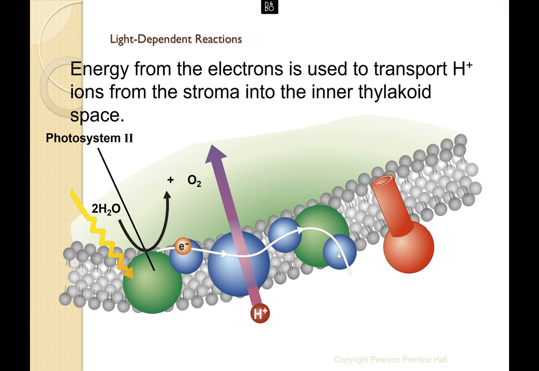Hydrogen builds up and comes across the membrane. Now this is talking about stroma, right? If you think about the chloroplast, the liquid inside the chloroplast is called the stroma. So these hydrogen ions are moving from the stroma into the inner thylakoid space, which means they're crossing the thylakoid membrane.